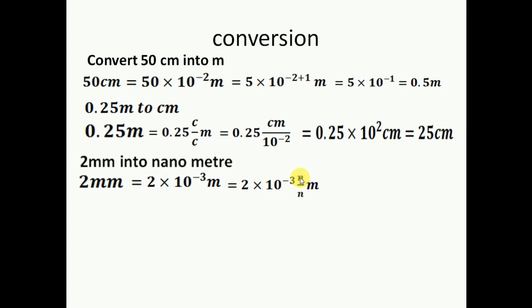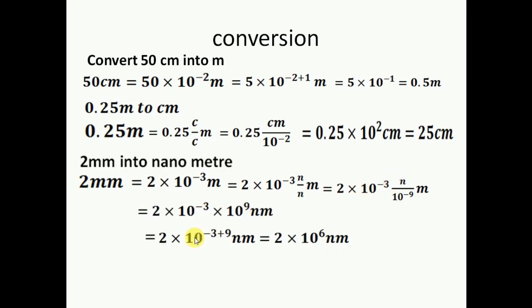So I want this nano because I am converting it into nanometer. I don't want this nano. So what I'll do is, I'll just put the value for this nano, that is 10 to the power minus 9. Now this minus 9 will go up and it will become positive. So now I'll simplify this. So 2 into 10 to the power minus 3 plus 9 nanometer. So 2 into 10 to the power 6 nanometer. So 2 millimeter is 2 into 10 to the power 6 nanometer.